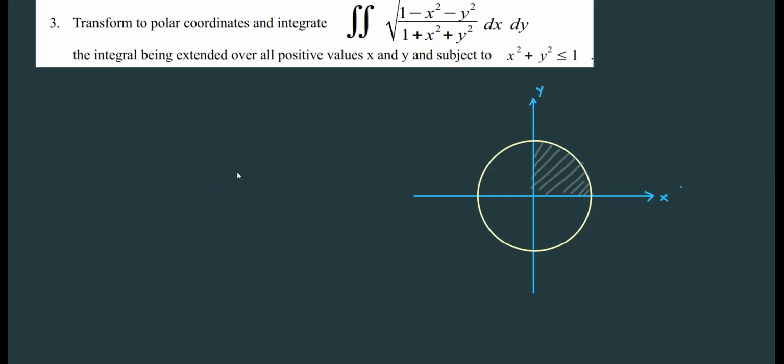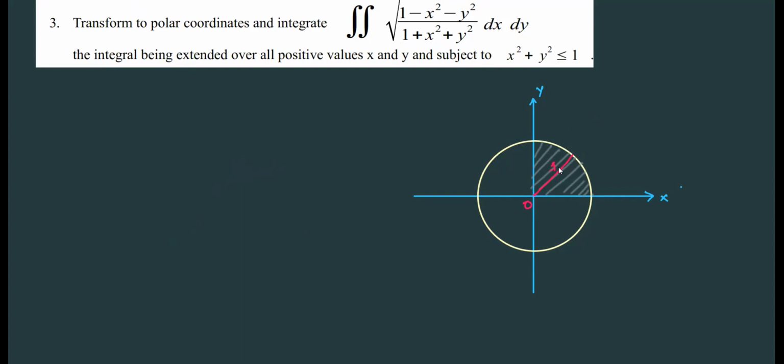Now when we convert this to r theta, limits on r will be like any line you take. R will vary from 0 to capital R, the radius of the unit circle.